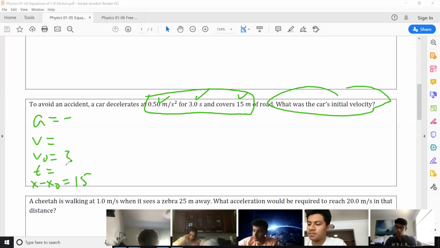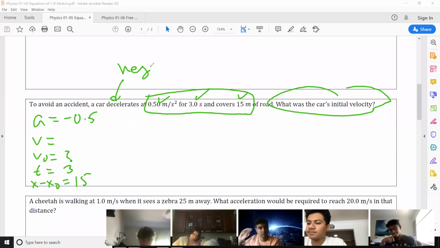We know that time is 3. And by the way, why am I saying the acceleration is negative 0.5? Why not positive 0.5? Because it's deceleration. You've got to read very carefully. Excellent. Thank you, Sean. So now, which one's irrelevant? Which one does not matter, Sean? Final velocity. Yep, we don't care about it. Very good.